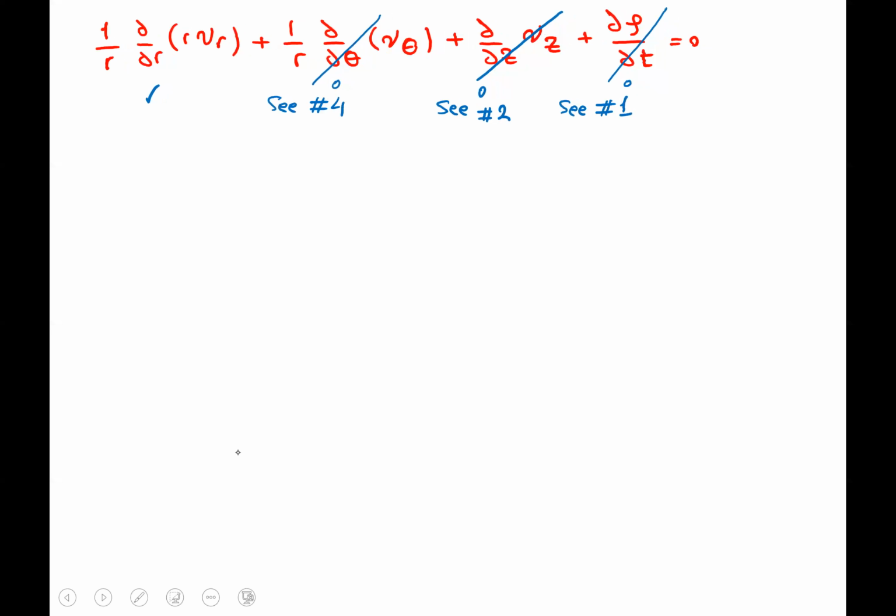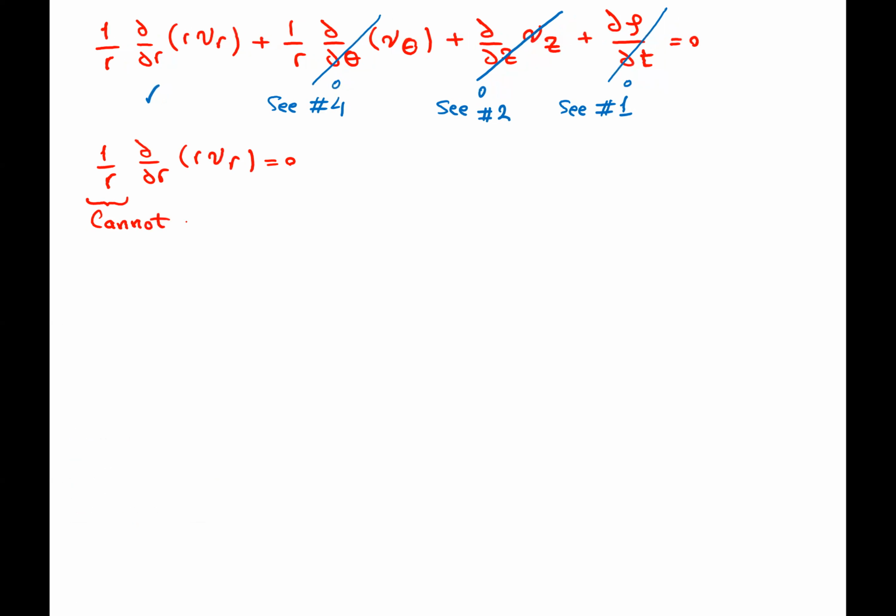So let's write that down again. It's 1 over r, the first derivative with respect to r of r v_r is 0, right? Obviously this 1 over r cannot be 0, because it's 1 over r.